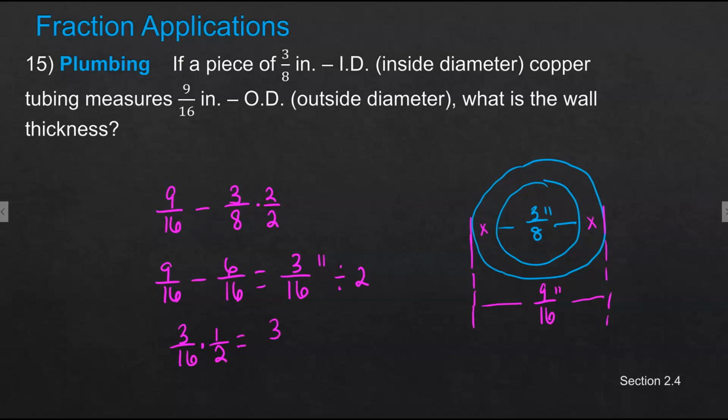So each of those walls of our tubing is 3/32. If you just subtracted and stopped there, then you would have the total width of the tubing on the 2 parts, but you wouldn't have just one of them. You'll have some more problems like this, so you'll be faced with this again. And so hopefully it'll be helpful to practice it more than once.